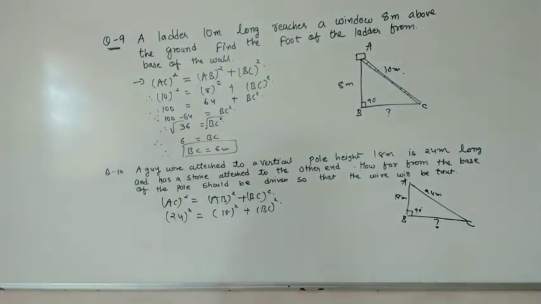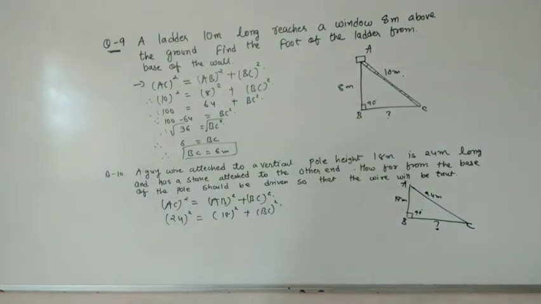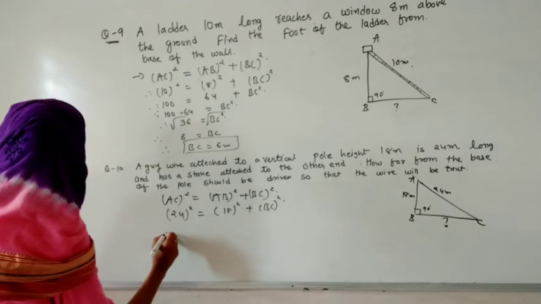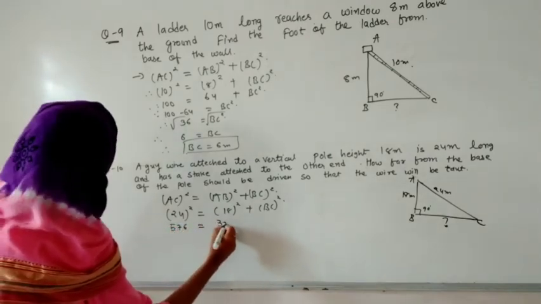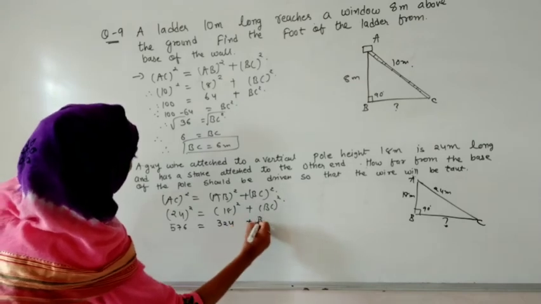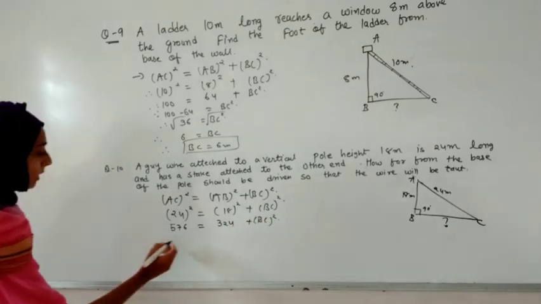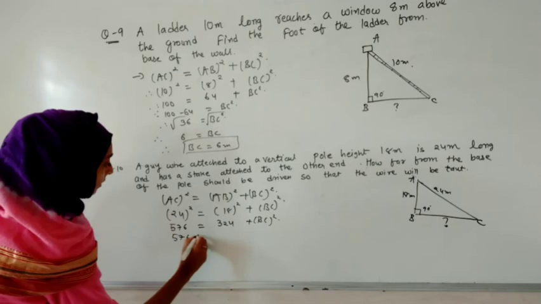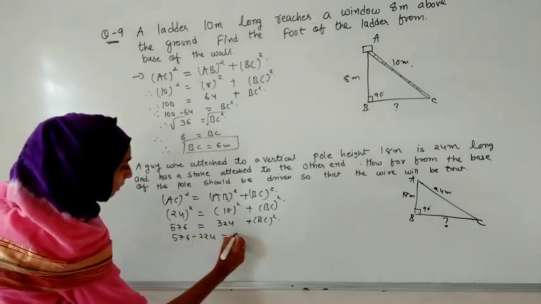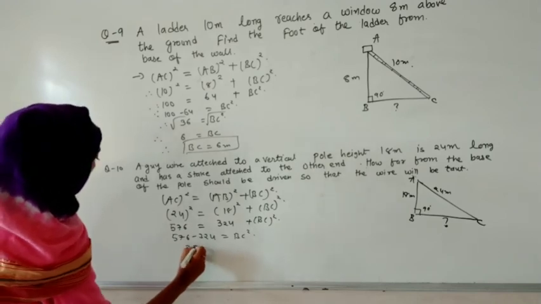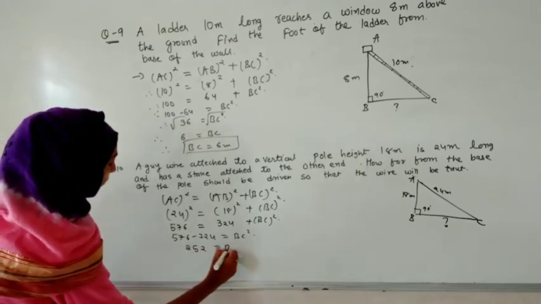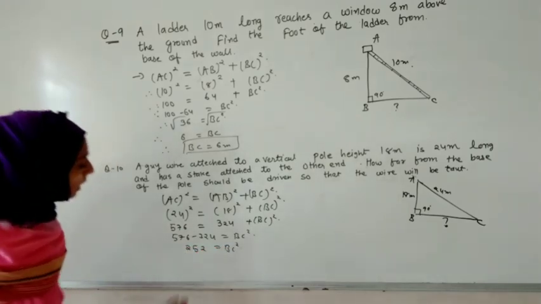So here we will write 24 square, that will be 576, and 18 square, that will be 324, and BC square we keep as it is. Let us subtract 576 minus 324 and that will be equal to BC square. So what is the value of it? It comes to 252, that will be equal to BC square.